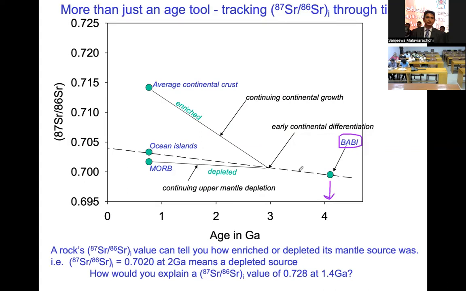Earth should have been evolving like this, along some decay scheme. Initially, they may have some value like here. Initial composition of BABI should be equal to this value.